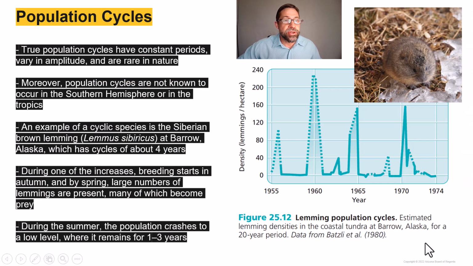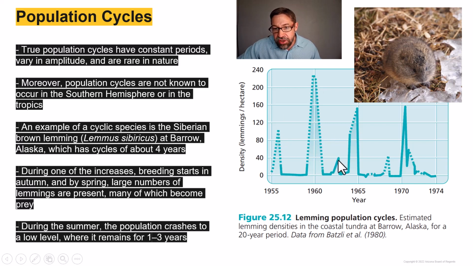Your chapter is going to conclude with a look at population cyclicity, which is pretty rare in nature. For a mammal to be considered to have a true population cycle, there has to be constant periods between the peaks in amplitude, as shown here.